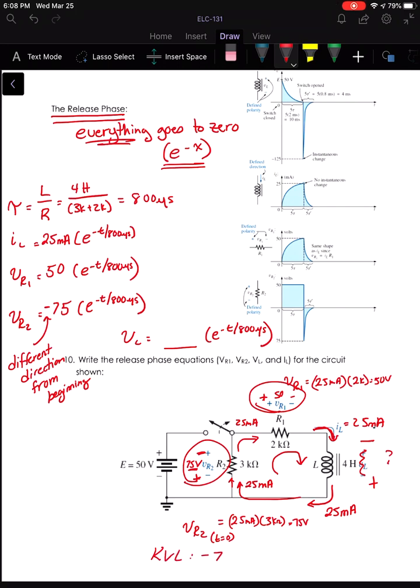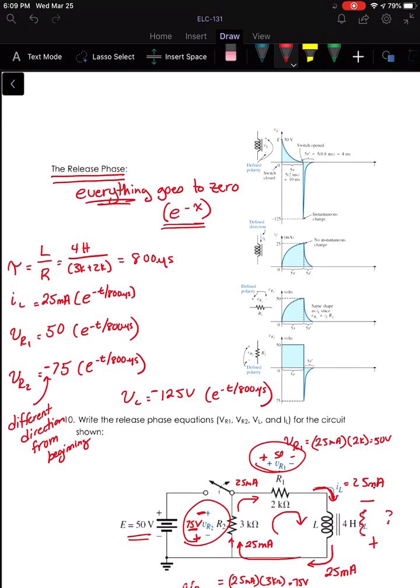Well, KVL says that if I have a voltage drop of 75 and a voltage drop of 50, I have to balance that out. So that means that VL would have to be 125 volts. That's a lot. When you just started out at 50 volts with the source, and now you've got a spike of 125 volts, and as it turns out, that's in the opposite direction as well, so I'm going to call that negative.